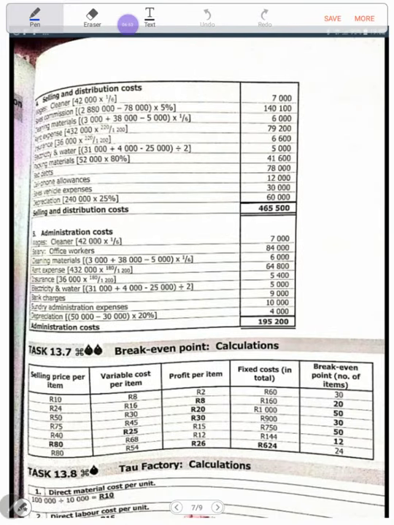Here are the selling and distribution costs. When it comes to the cleaner, remember the ratio was 4:1:1. Cleaner, the 42,000 in total, and instead of using the 4 which we had done in the factory overhead, we are now using 1/6 as I've done in the calculation over here.